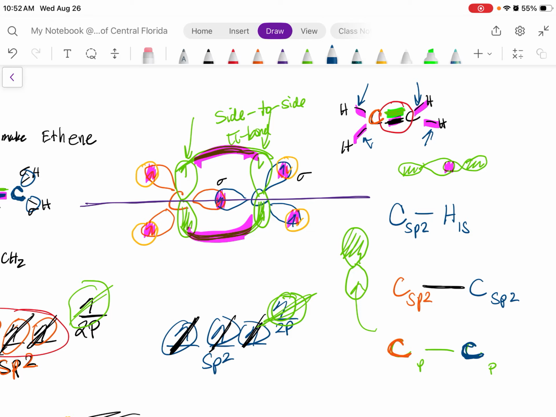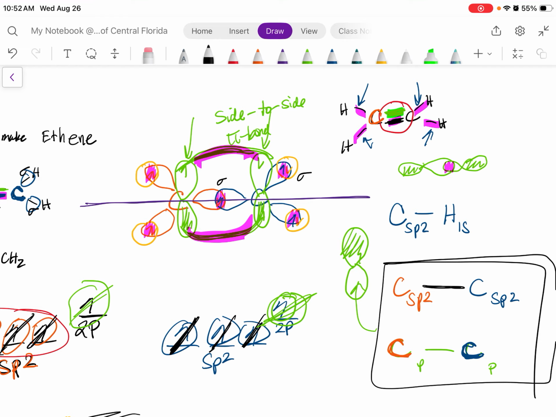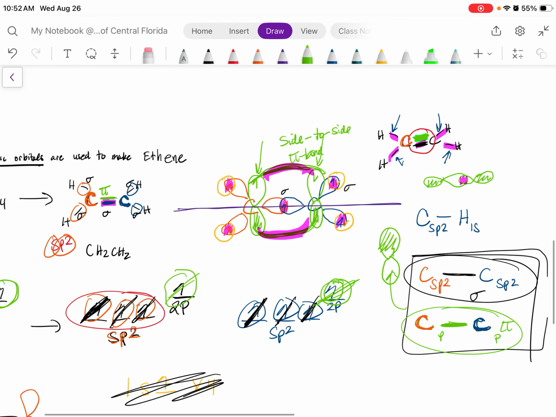So to describe the bonding of the carbon-carbon double bond, it's going to require two sets of data right there, because it has two different bonds. One is sigma, one is pi. The sigma bonds are created from this. So that would be our sigma. And this bond right here is going to be created from a pi bond. So that is the atomic orbitals in ethene, and that's how they're used to form these bonds.